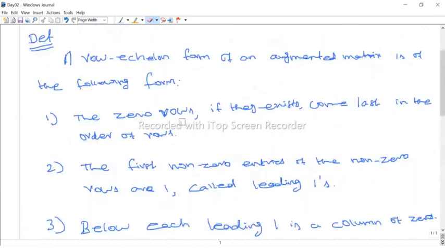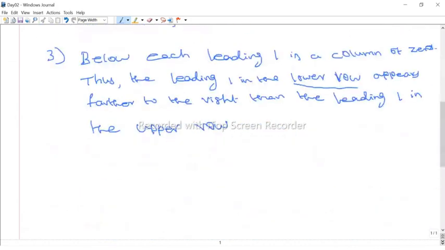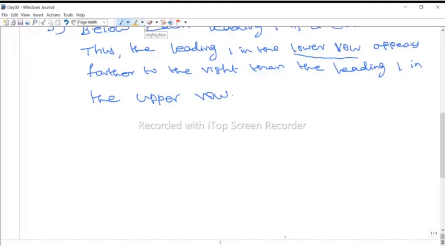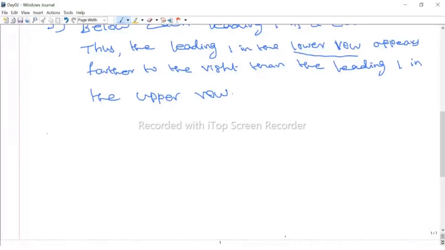Now we add one more condition to this, and it becomes a reduced row echelon form. So maybe I can write the definition here.